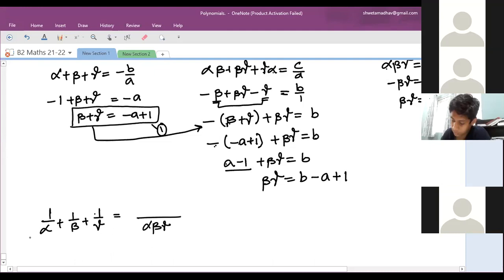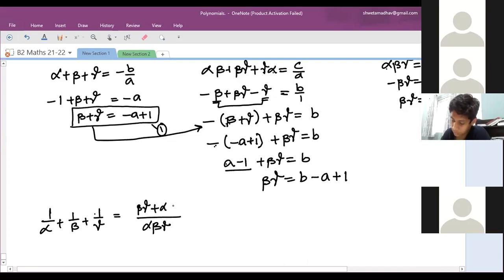With which you have to multiply the first fraction? Okay, got it. Ma'am, the first one you have to multiply with beta gamma, plus alpha gamma, then alpha beta.